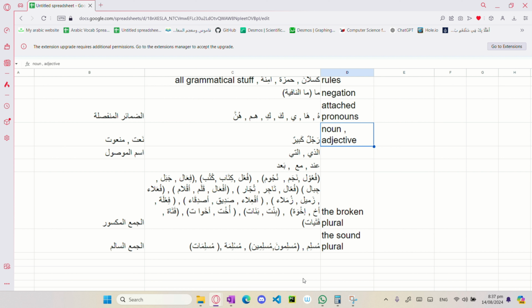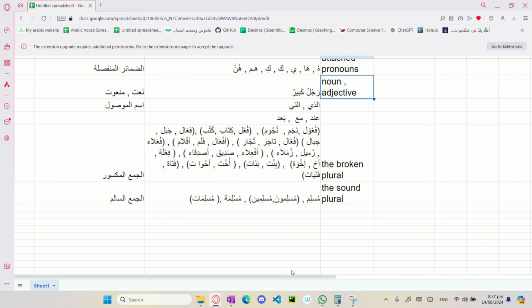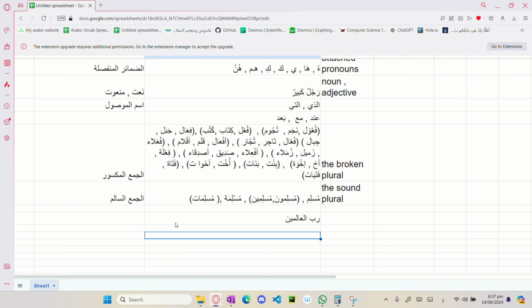So for example, Rabbul Alameen. I'm gonna write this down. Rabbul Alameen. So Rabb means Lord, and this is a mudaf and mudaf ilay. So Rabbul Alameen, and alam is a sound ism, and it has a sound plural.